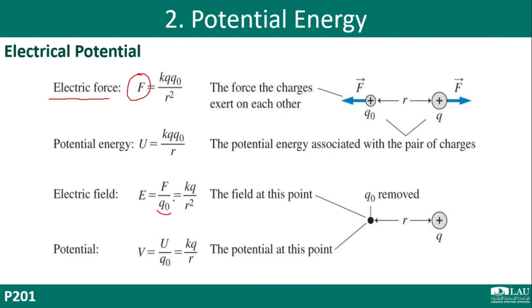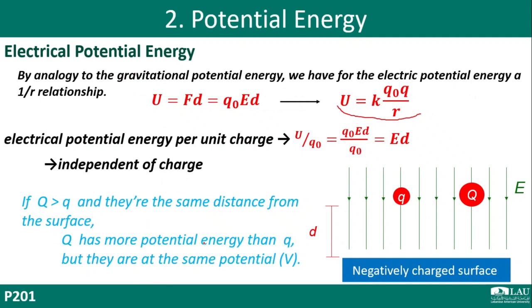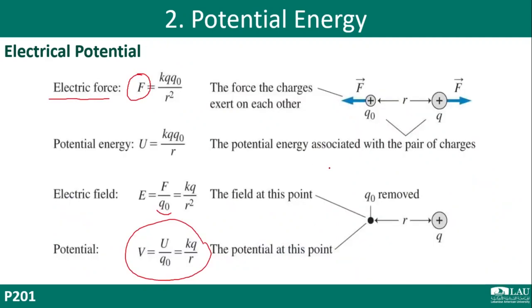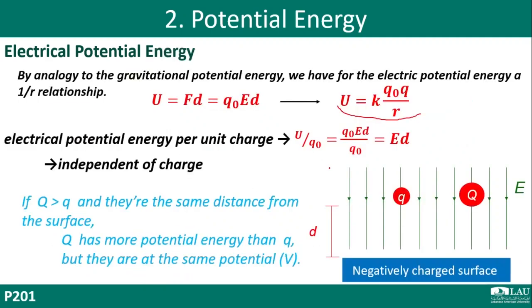The potential also at this point is U divided by Q0, the test charge, or it's E times the distance separating the point where we need to calculate the potential and Q. So that's the formula of the potential. As you can see, the potential is independent of the charge. So the potential at this point.